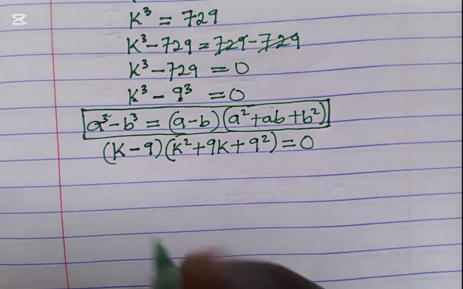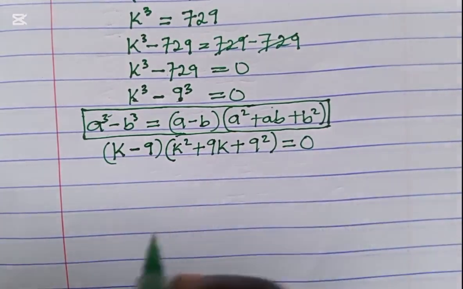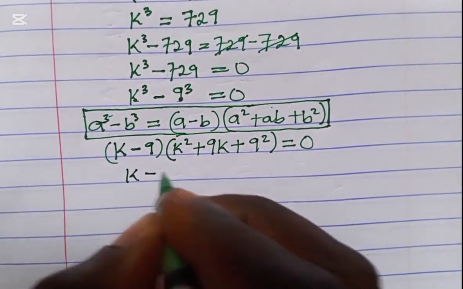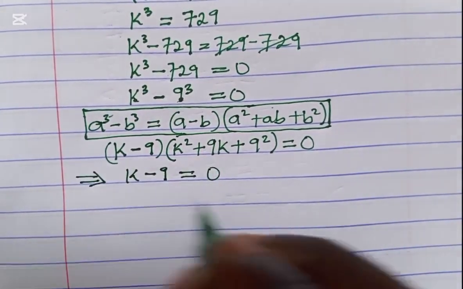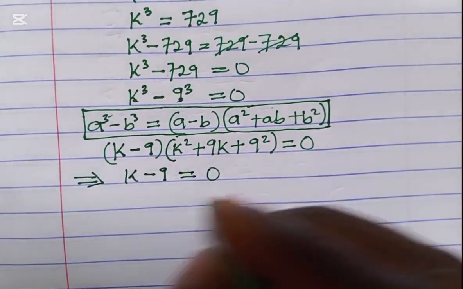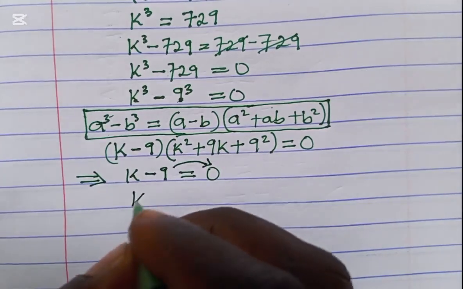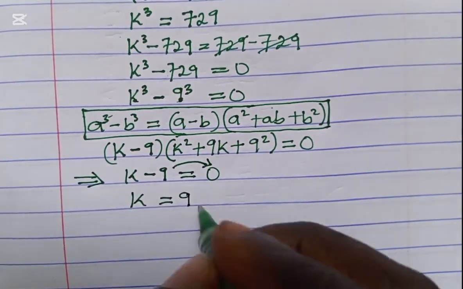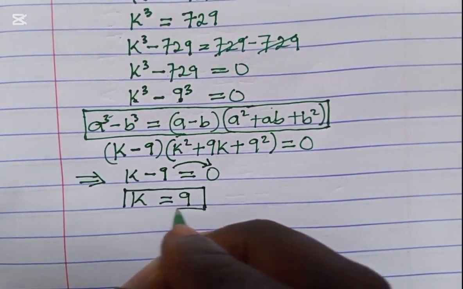So what this means is either this is 0 or the whole of this is 0. Then if k minus 9 equals 0, it means our k will now be 9. Our k is 9.